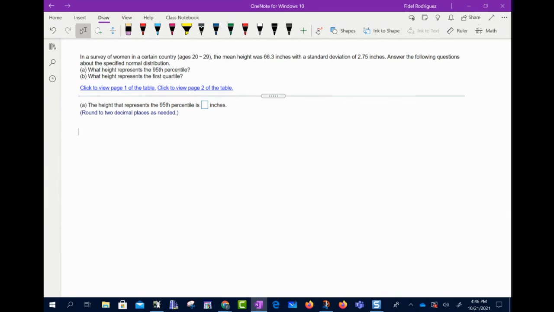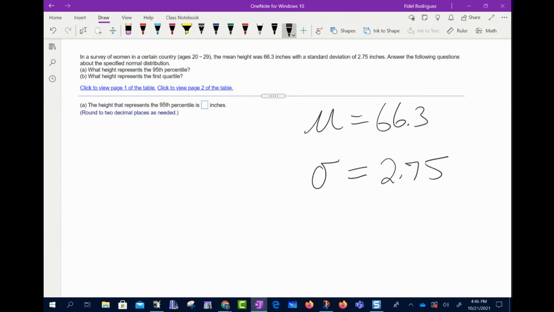What height represents the 95th percentile, and what height represents the first quartile? Okay, so we know this already. We know that our mu is 66.3. And we know that our standard deviation is 2.75.